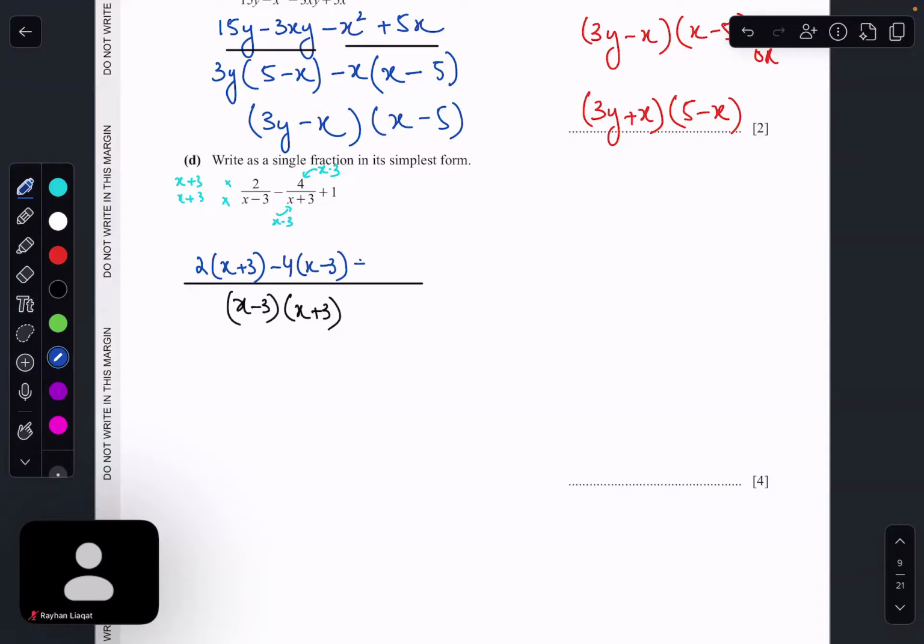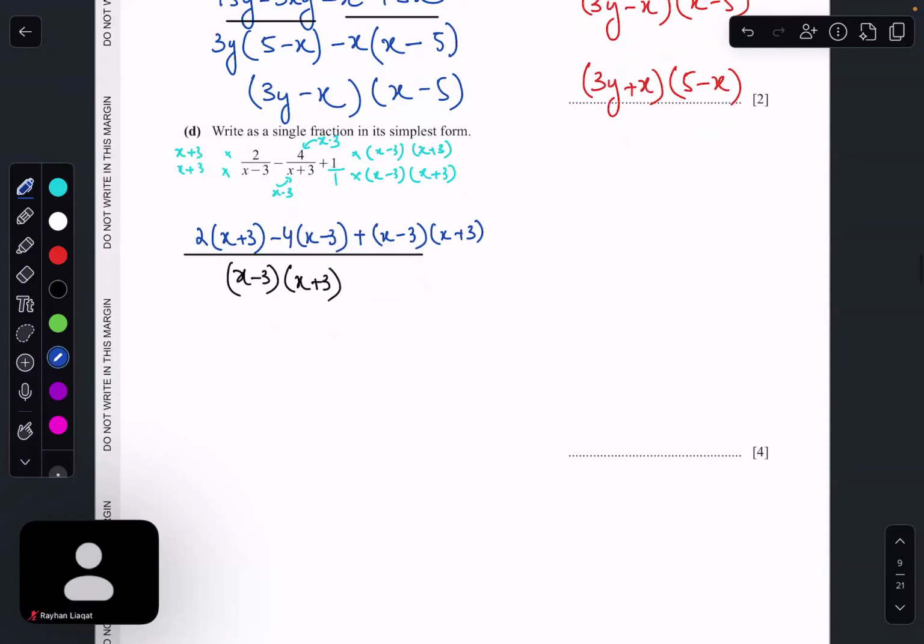And then for the third one, I have to multiply that with both of them because our denominator over here is 1. So I'm going to multiply this with x minus 3 and x plus 3, and the numerator as well with x minus 3 and x plus 3. So over here, our numerator will consist of x minus 3 and x plus 3.